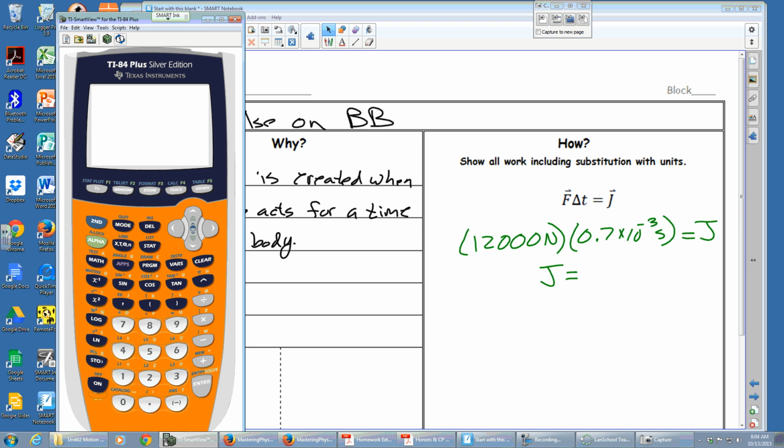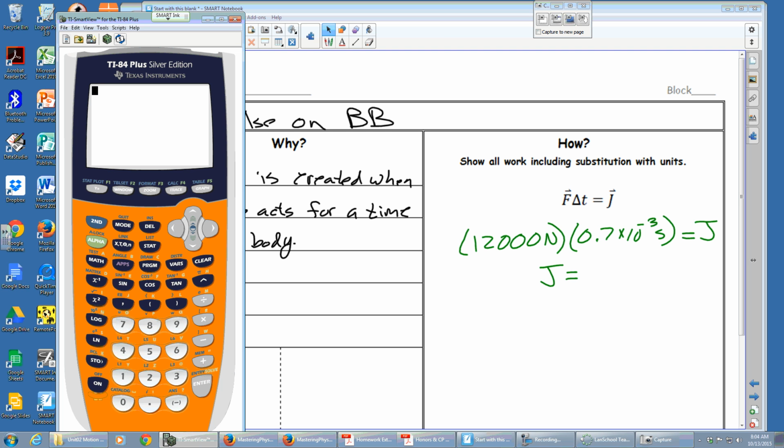Yes, you need scientific notation. It tells you in a way how big the number is. 0.7 and 0.7 times 10 to the minus 3 are vastly different numbers. If you put it into non-scientific notation, that's fine.